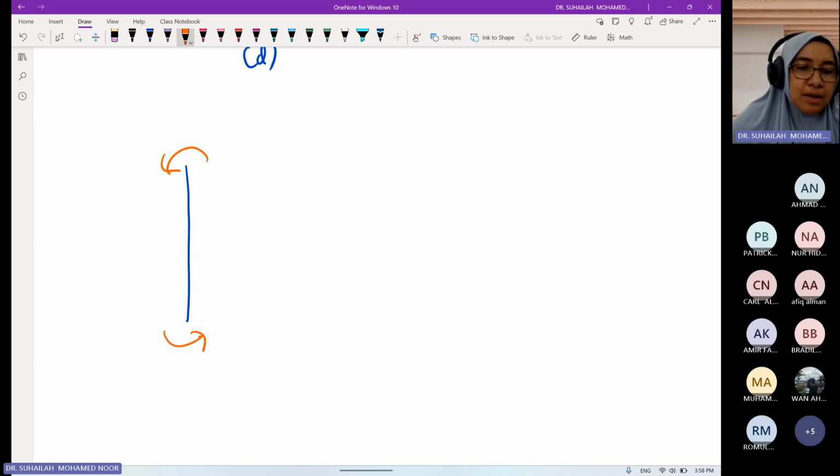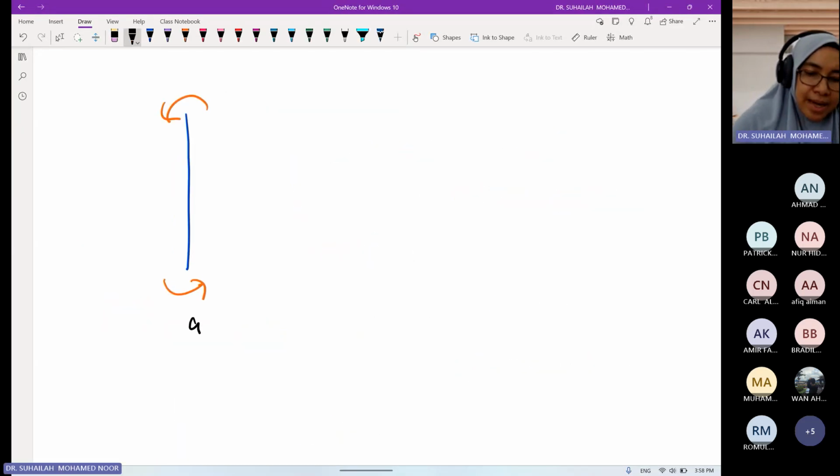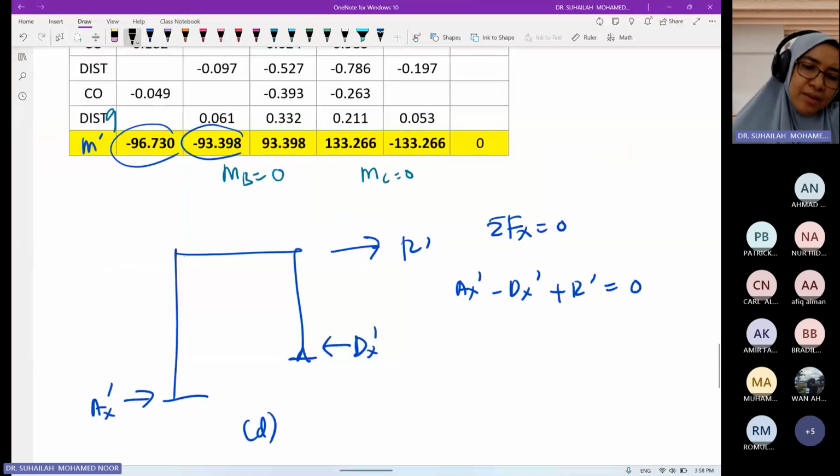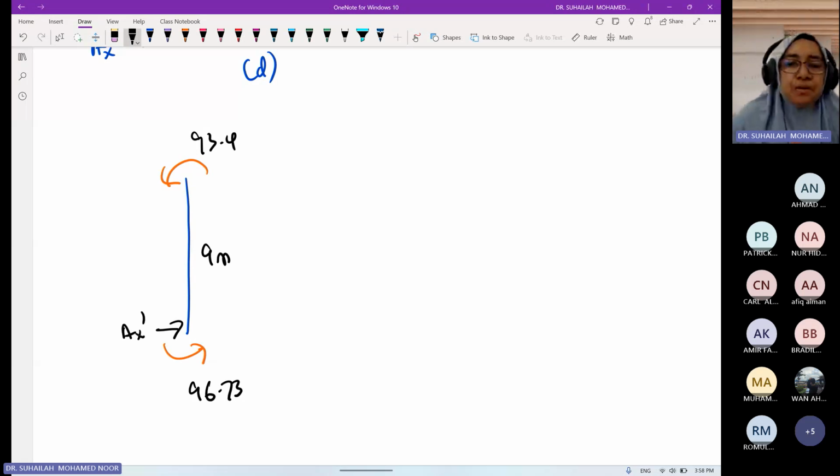This is AB. The value is 96.73 and 93.4. 93.4, this is 9 meter. This is AX prime. Okay, so this is member AB.